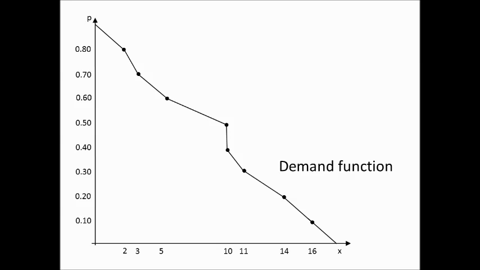You see now how the demand function is connected to reality. It is essentially a representation of the willingness to pay of the consumers, and this is how we got this. I used a little experiment to elicit the willingness to pay, and this is how we got the demand function.